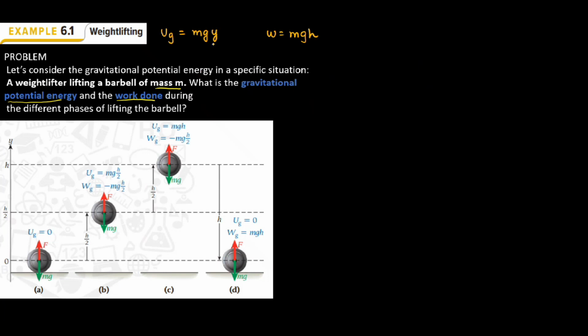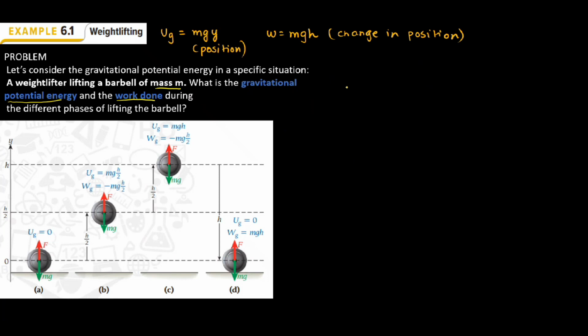This potential energy depends only on the position y along the y-axis, whereas the work done is dependent on how much you move, the change in position along the y-axis.